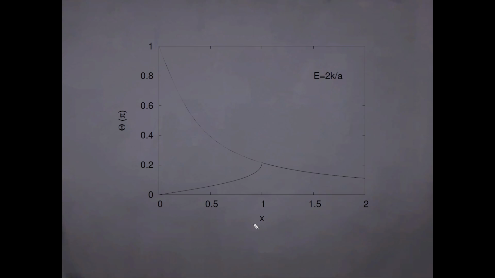And from that point on, for larger values of this parameter, the scattering angle decreases, and it decreases on the trend that would follow from usual Rutherford scattering, which is represented by the dotted line.